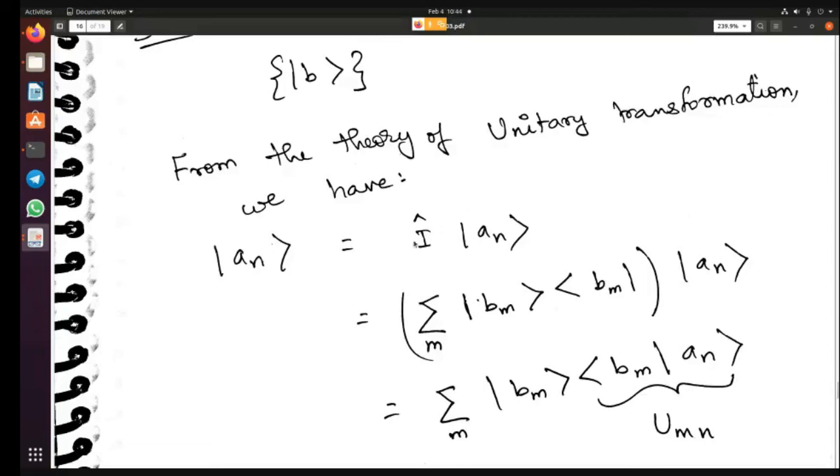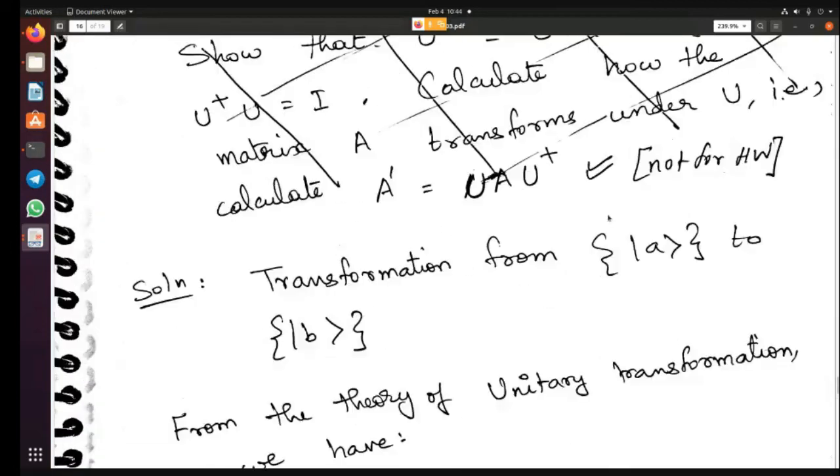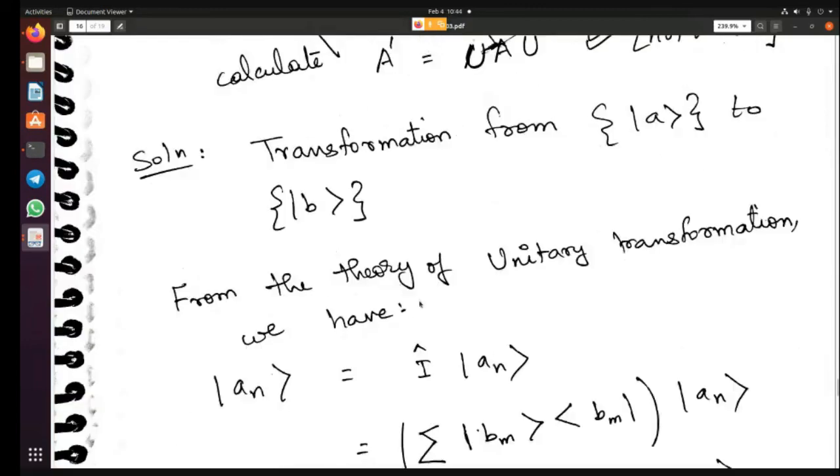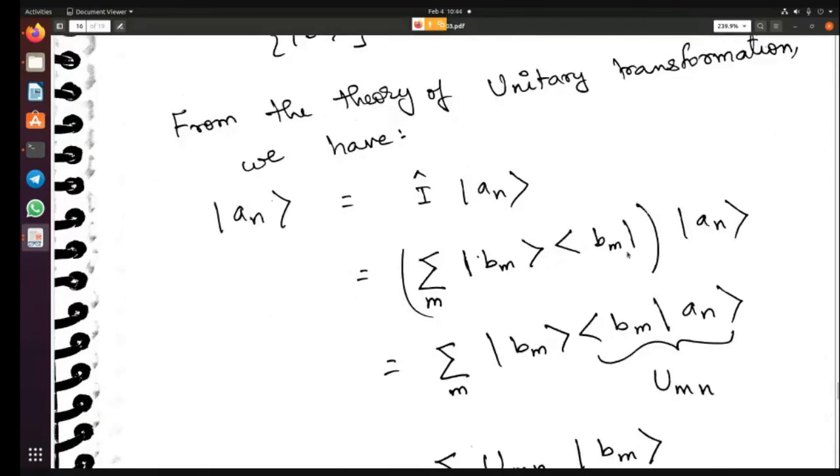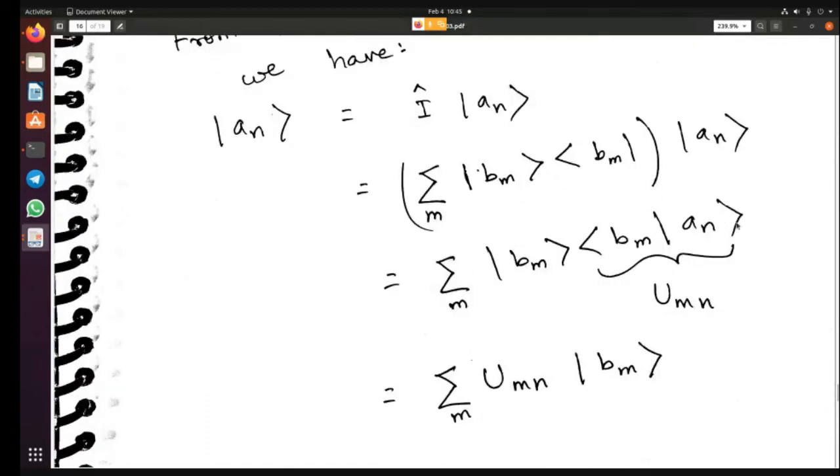Okay. So what is the identity operator? Because all the B's form a complete basis, the identity operator can be written in terms of the B's. So you have |Bm><Bm| acting on |An>. So <Bm|An> becomes Umn, right?